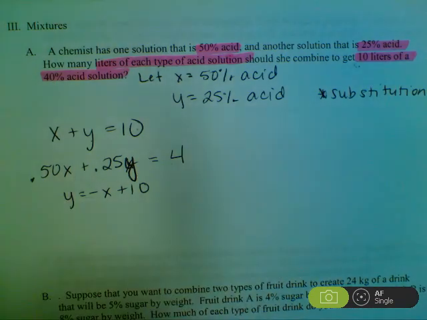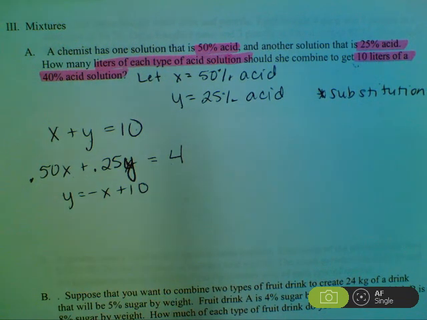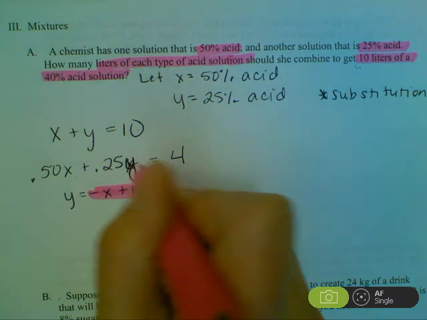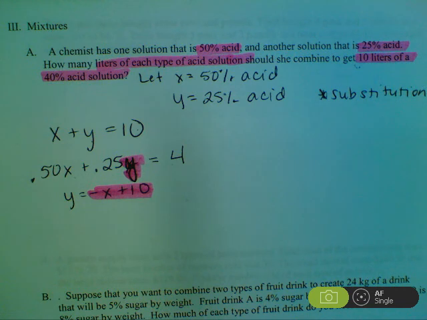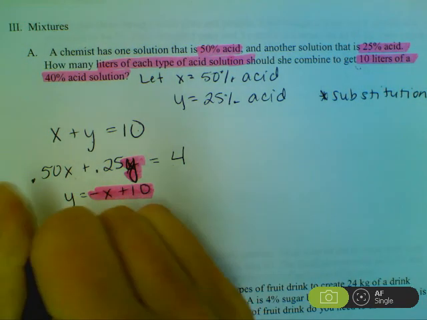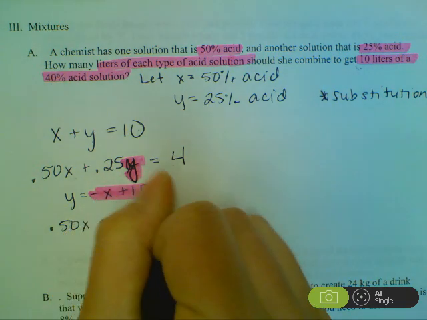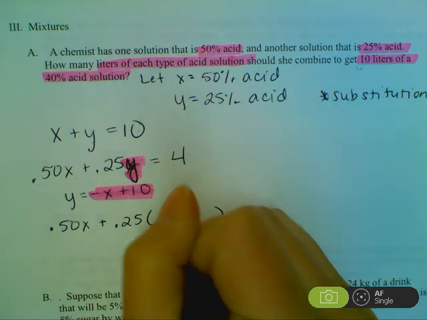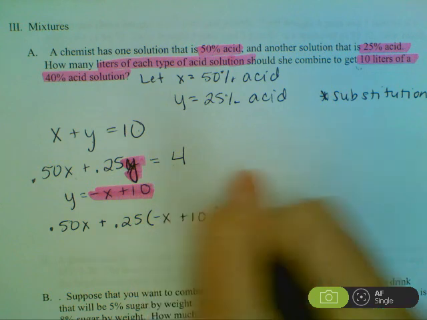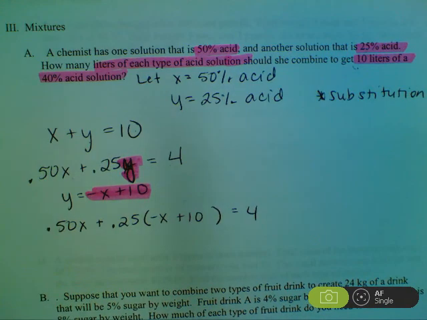I'm going to substitute this value in for y in my mixture equation. So if I come down here, 0.50x plus 0.25, remember to put everything in parentheses, so that's negative x plus 10, and altogether that equals 4.